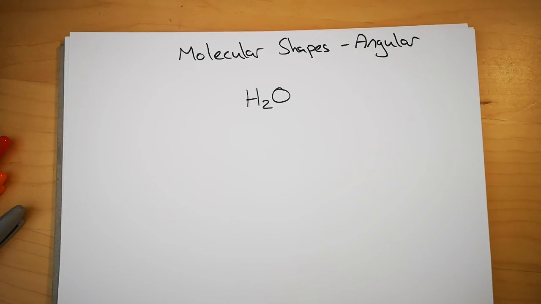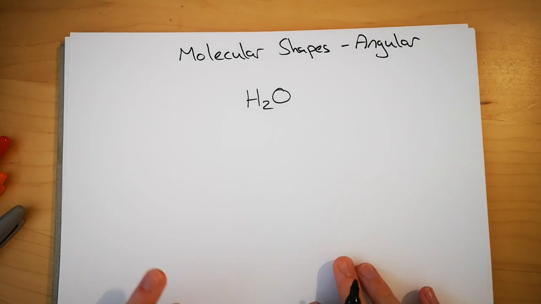Okay, now the next one that we've got to cover is a step up from the linear, and that is angular. Now, the only one that they ever really seem to talk about is water in terms of it being angular. One of the reasons for that is that figuring out why it's angular can be a little bit weird, and it's to do with lone pairs of electrons.